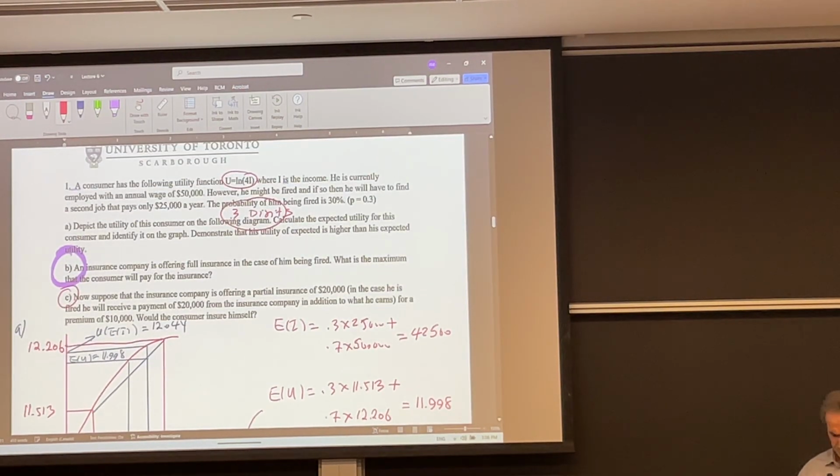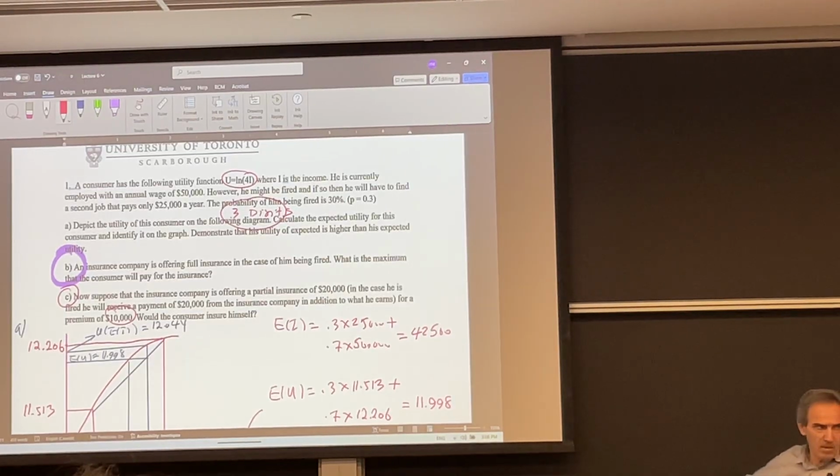Partial insurance. The question says you have 20,000 in coverage for 10,000 in premium. Would you do it? Now the question gives you dollar coverage. What if this was percentage coverage? How much would have been the percentage? Normally we don't give you dollar coverage, we give you percentage coverage. If this was percentage, what would have been the percentage?